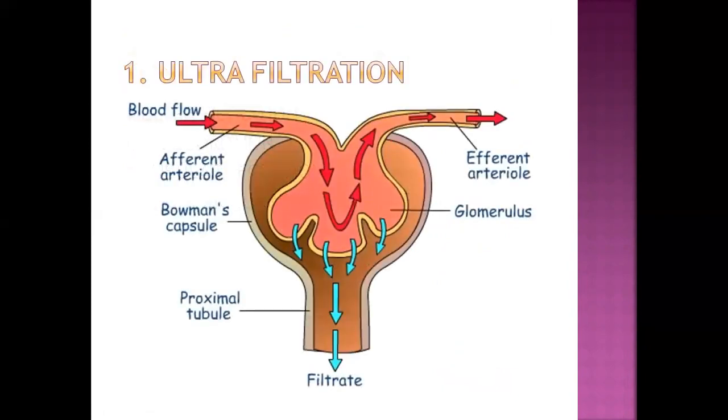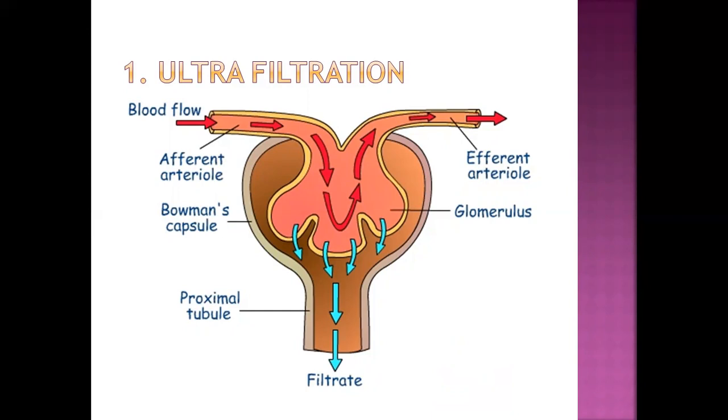What is ultrafiltration? As you know, blood has the most pressure in the capillary section. So when blood enters the glomerulus, it has high pressure. Because of that, blood is filtered through the capillary pores into the Bowman's capsule. Here, the filtrate has two types of components.